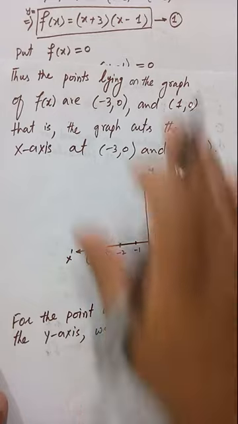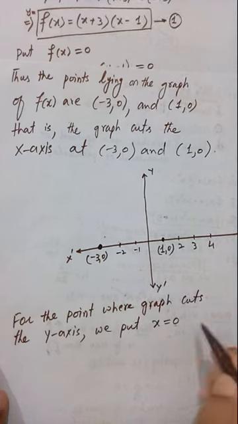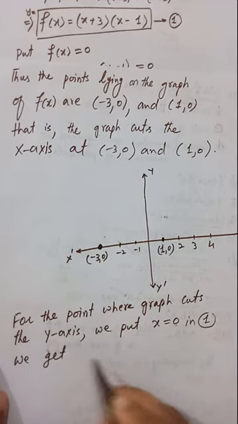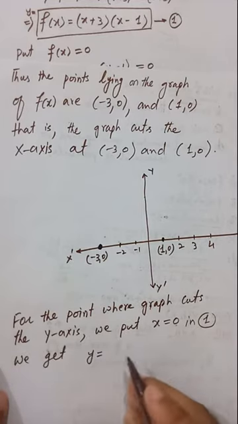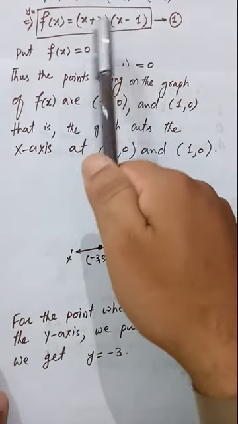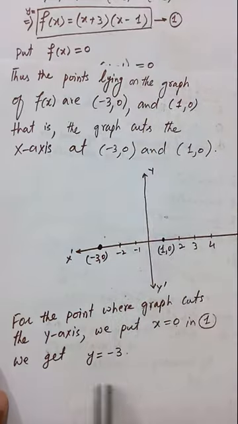So when you put x equal to 0 in this equation 1, we get y equal to -3. This x will be 0, this x will be 0, so 3 multiplied by -1, you will get -3.